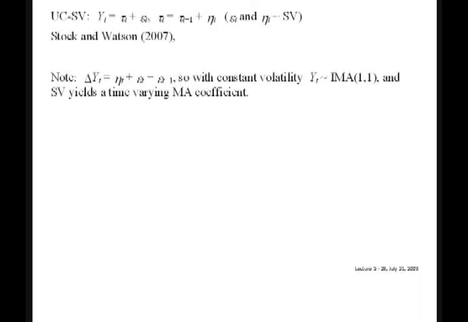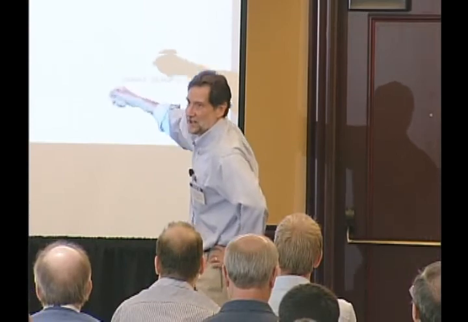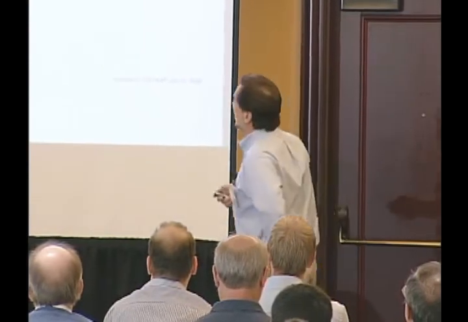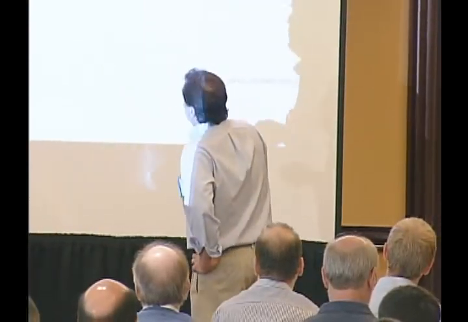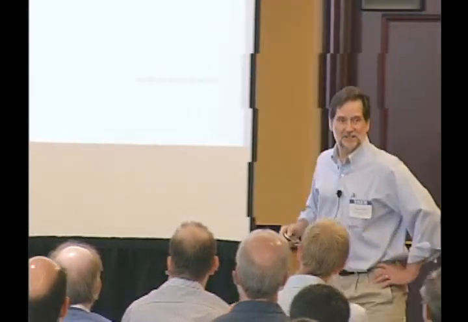So maybe the variance of the permanent component used to be important, it had a big variance, but now it's small. And maybe this component used to be important, and now it's more or less important. So we wanted to take this model and allow the standard deviations to evolve through time.